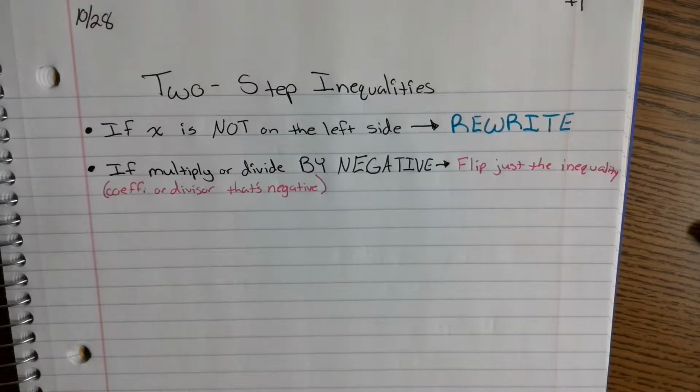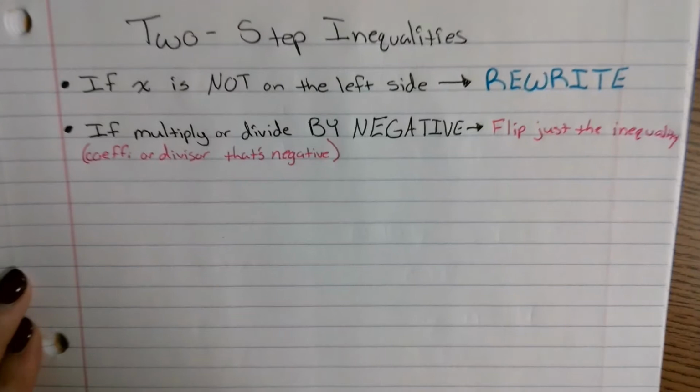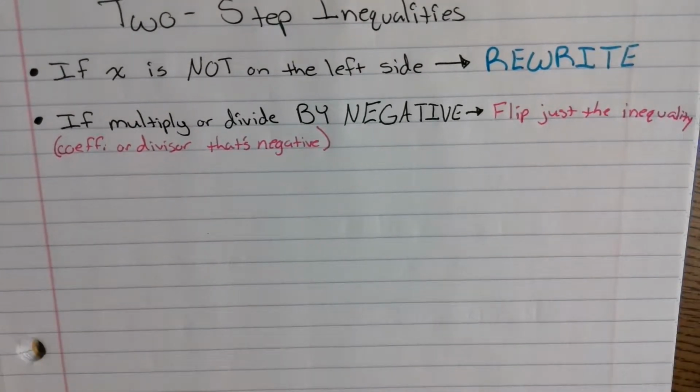If it's x divided by a negative 2, you're going to have to flip it at the end because it's going to cause you to multiply or divide by that negative on both sides in order to get x by itself. That rule is the thing that messes people up the most. It's not the solving. You guys have the solving down already, you've been doing it for almost 2 months now. It's just the sign that throws you off sometimes.